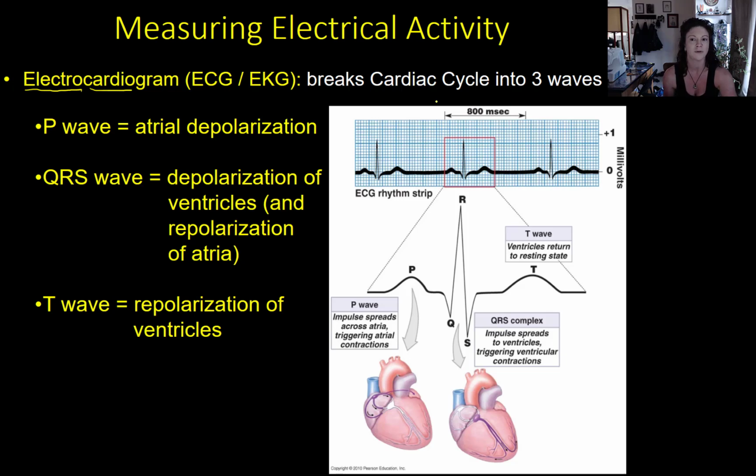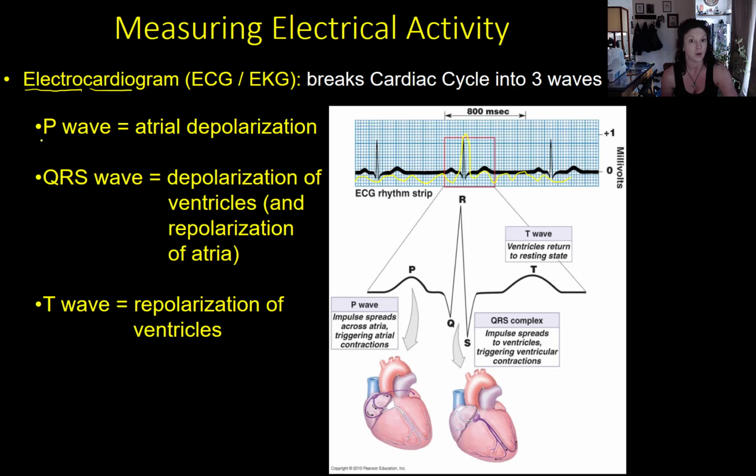So there's 3 different parts of the cardiac cycle. Each one shows up distinctively on an electrocardiogram. Okay? If you look at the readout here, we call this a rhythm strip. The line that shows up on the rhythm strip looks like a series of waves and peaks. Okay? So that's why we call these 3 waves.